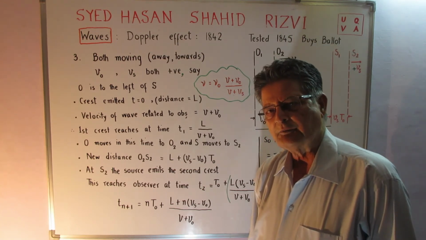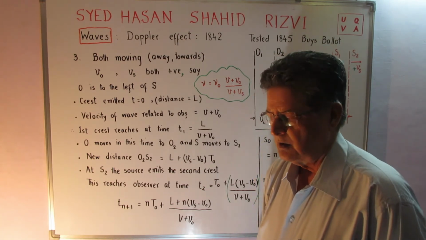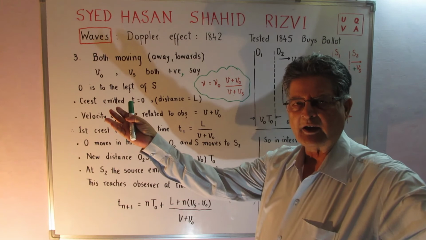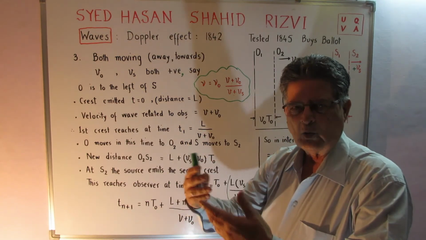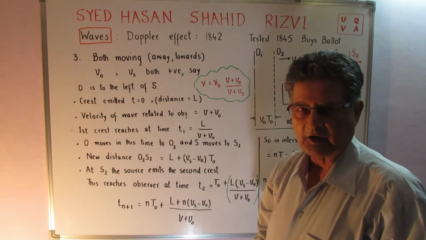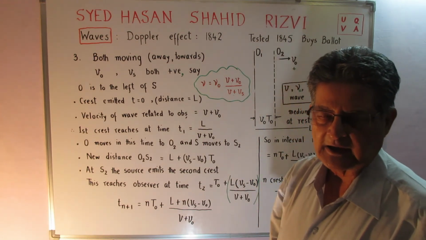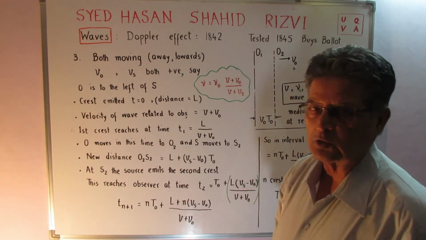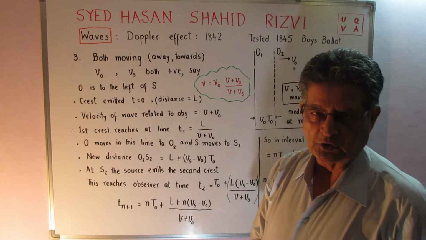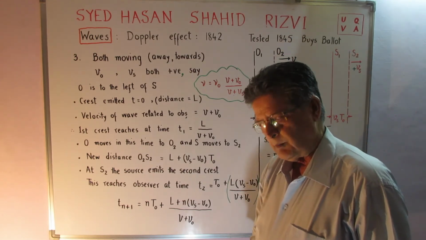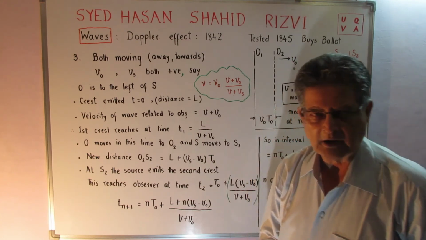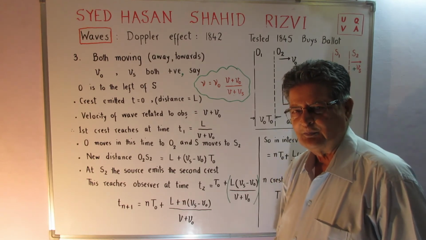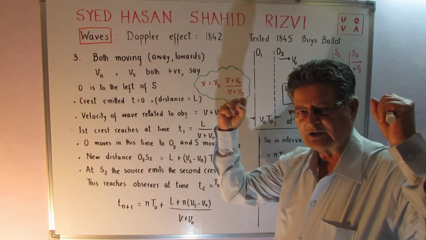In all kinds of wave motion, there are shifts, that is, if the galaxies are moving away or they are collapsing, what is happening, what will be the velocity of one star with respect to a constellation, etc. And also, in the case of ultrasound and sonography, Doppler shift is used to determine many physiological and medical things that you can have. So, good that we have finished the class 11th course.